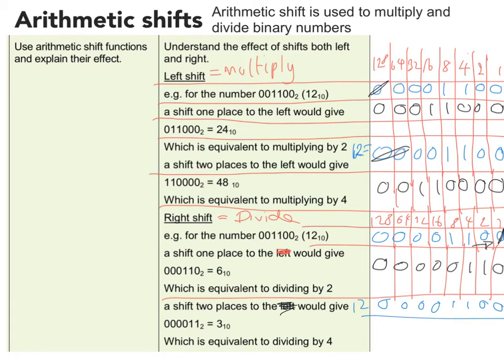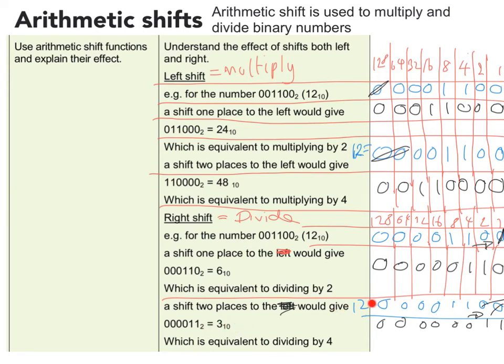If we were going to perform a right shift by 2 places, I'll take these two end numbers off, and all of these numbers will be shifted 2 places to the right. Again, I will be left with 2 spaces because I've shifted everything across, and I'll just fill these out with the zeros. The reason that this would be 3 is because I've got a 1 left in the 1 column and a 1 in the 2 column. Adding 2 and 1 together will equate to 3.